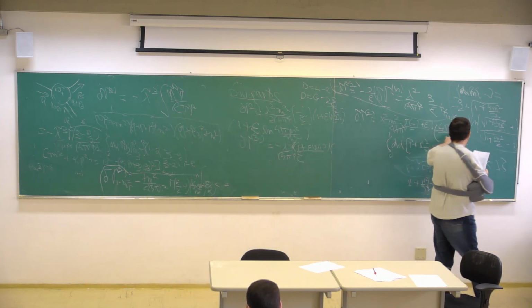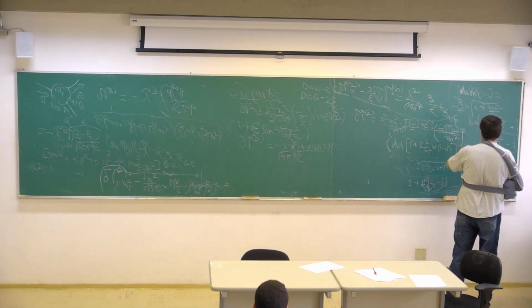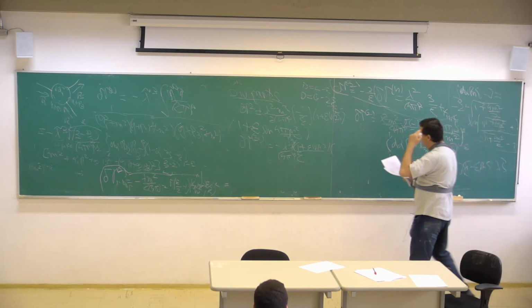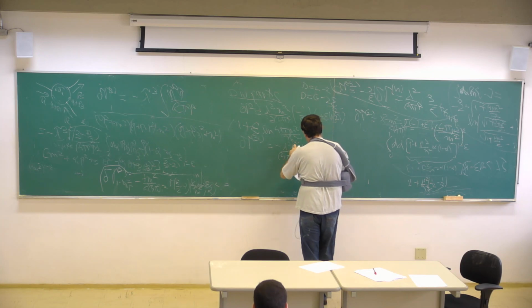This one, 4 pi mu squared over m squared to the epsilon. Oh no, sorry, this is mu squared. I'm stupid. So I'm left with the mu to the epsilon.